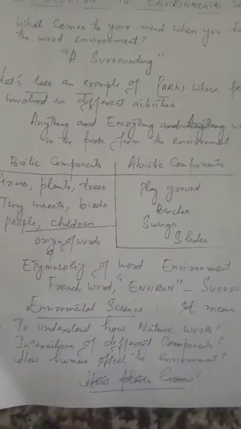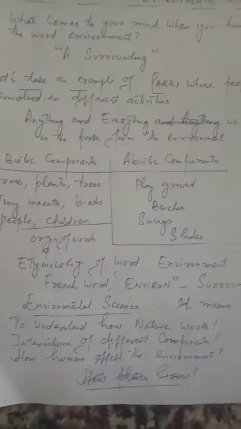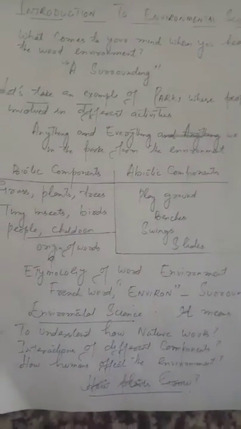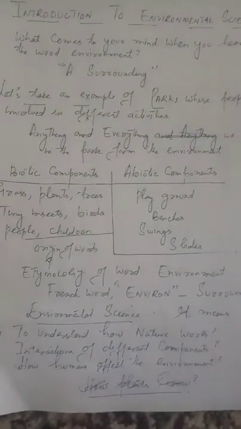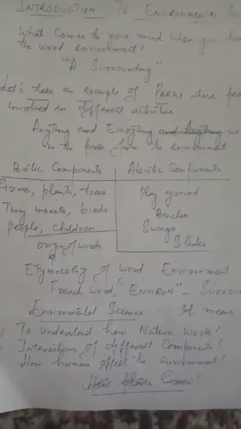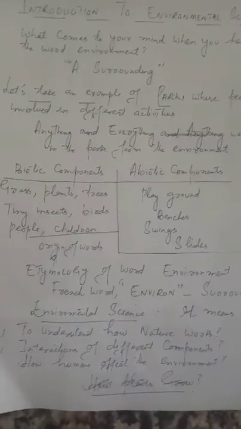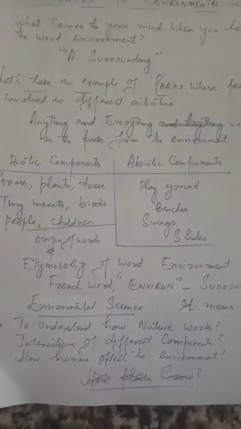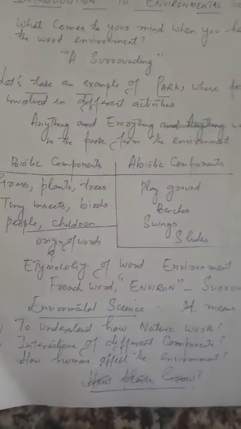So in this session, we try to understand what the environment is, what environmental science is, and what the focal points or areas are with which environmental study deals, and what the origin of environment is.